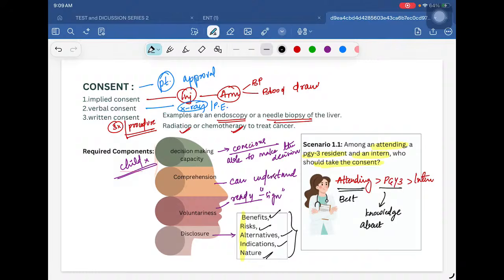Basically, they should know all of this about the procedure to take the consent. Generally you avoid the intern, particularly for procedures that they don't know or are new to. So generally they should not do it independently in most cases.